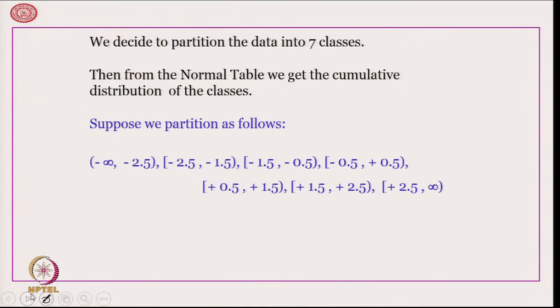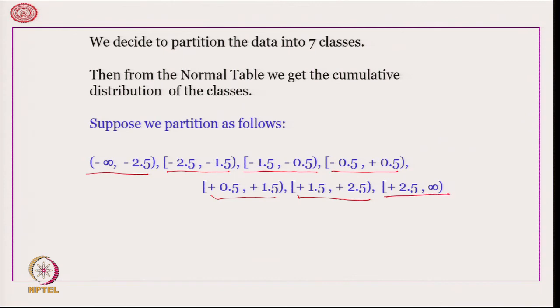We decide to partition the data into 7 classes. Then, from the normal table, we get the cumulative distribution of the classes. Suppose we partition it as follows: minus infinity to minus 2.5, minus 2.5 to minus 1.5, minus 1.5 to minus 0.5, minus 0.5 to plus 0.5, similarly plus 0.5 to 1.5, 1.5 to 2.5 and 2.5 to infinity.